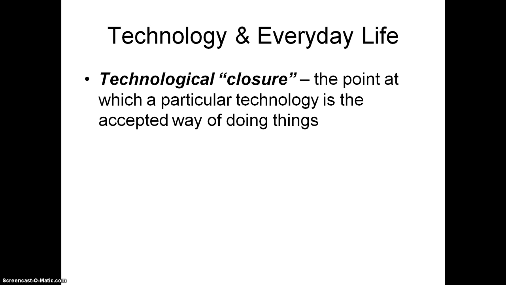So if you think about texting and using a cell phone, we're hitting that technological closure, because we're not tied down to a landline. A lot of people don't even have landlines anymore. So using a smartphone or a mobile phone has hit technological closure in the United States.